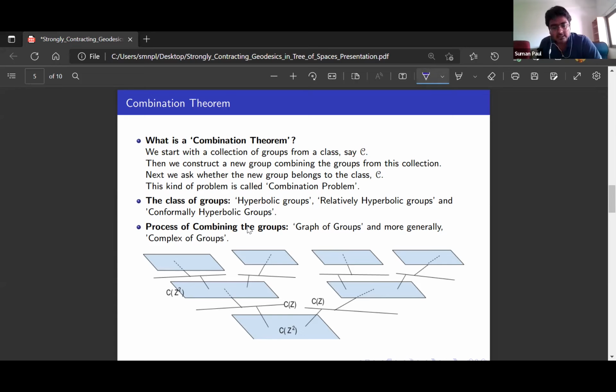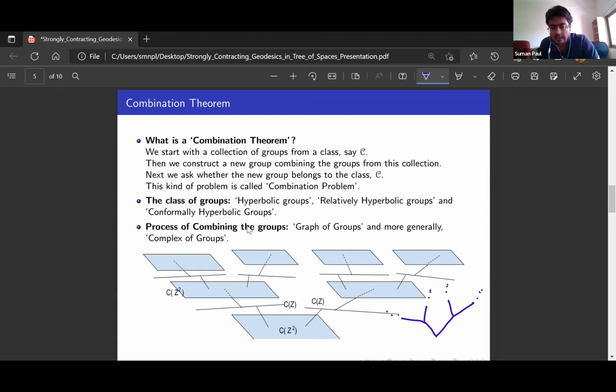And at each edge, we add edge spaces. And then we glue along some embedding. So for example, here the tree looks like this. Like this, infinite.